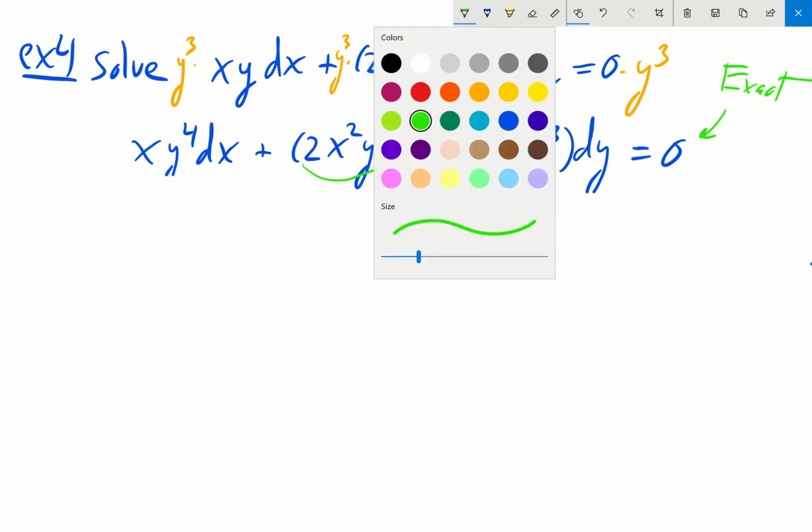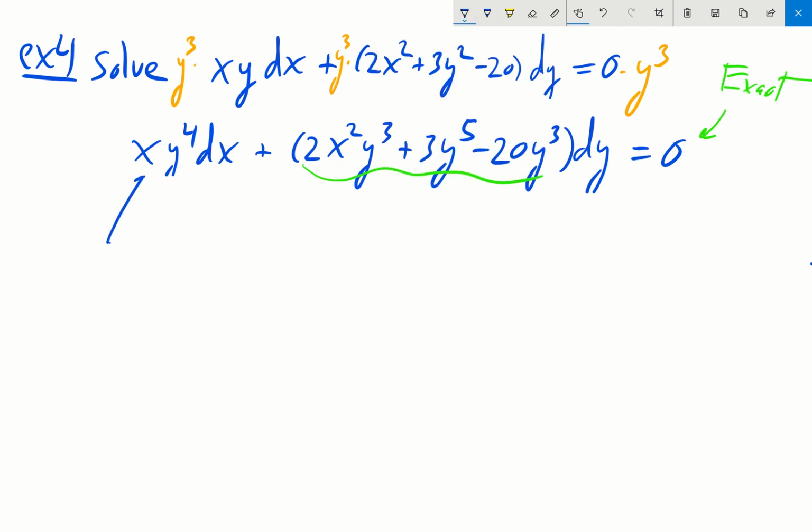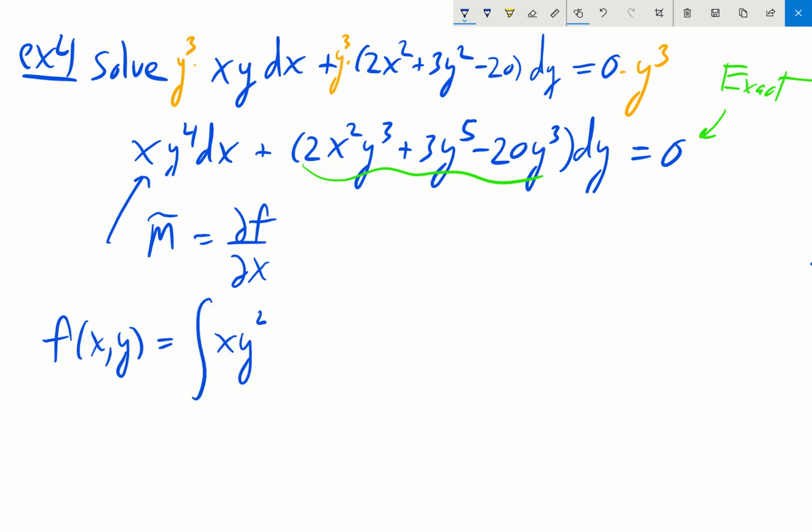So what that means for us is that we know that this thing here was equal to the partial of some function f with respect to x. So we can find f of x, y, as we've done in the past, by simply integrating this coefficient with respect to x.